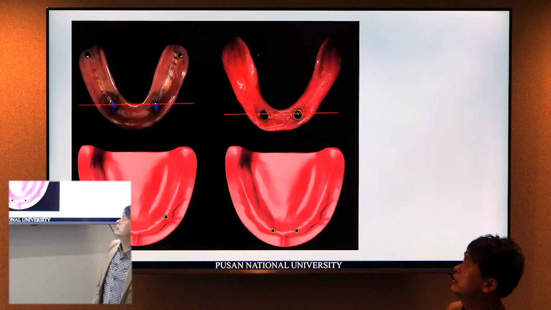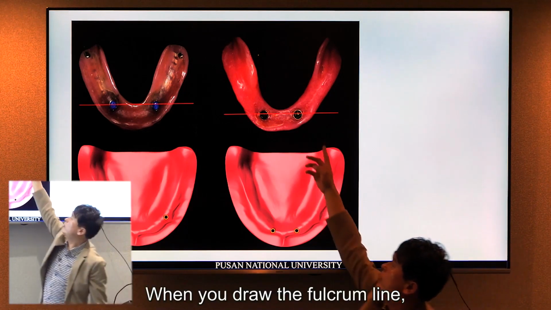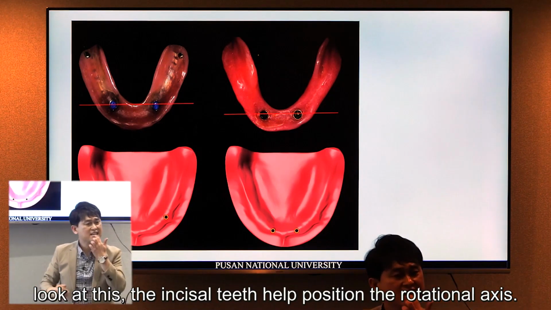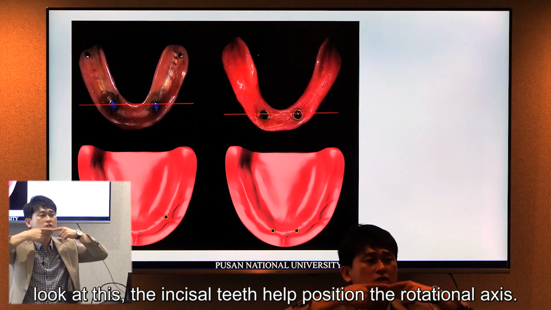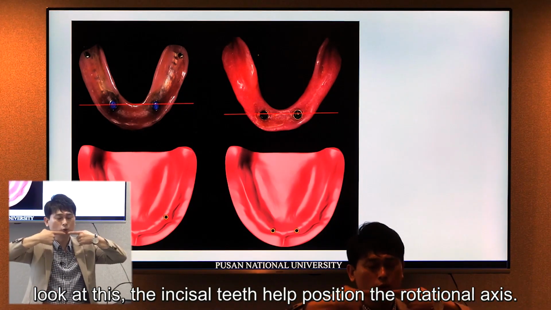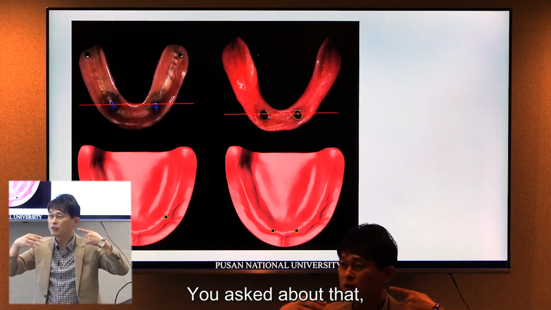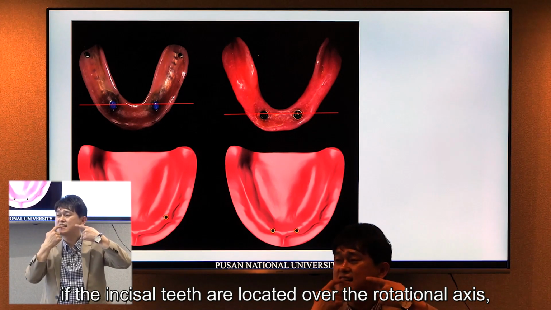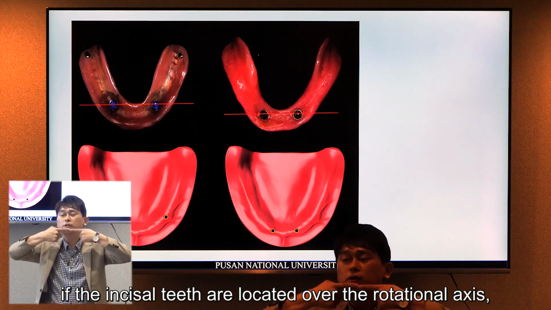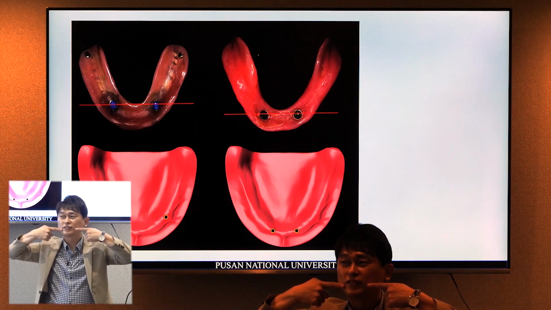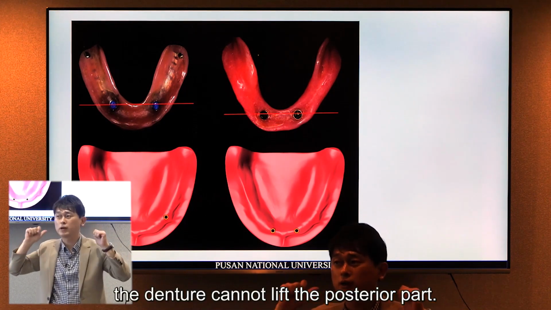When we draw the fulcrum line, look at it. The incisor teeth have to be positioned on the rotation axis. You asked about that. If the incisor teeth are located over the rotational axis, the denture cannot lift the posterior part.